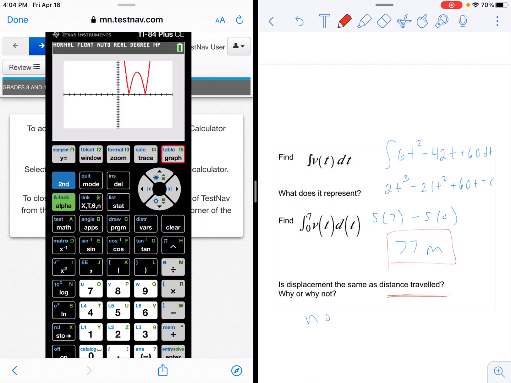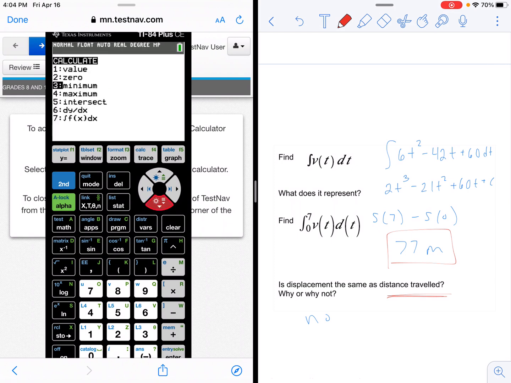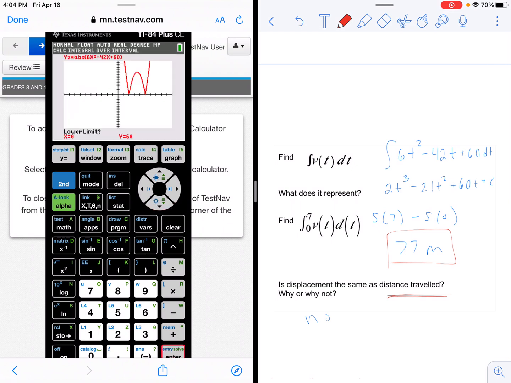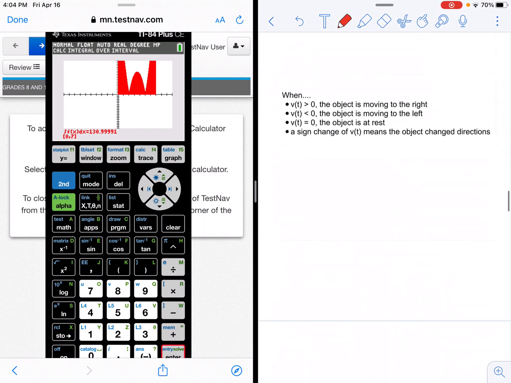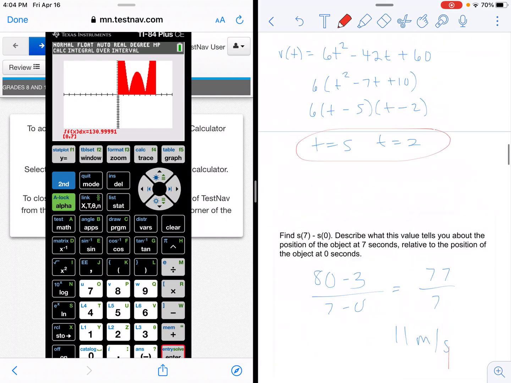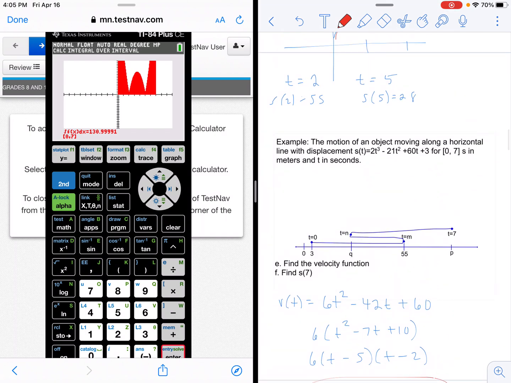And now if we find the integral, what's the upper limit? 7. Now you can see that we get a total of 131 meters, which is much more if we're counting the total distance traveled, because we want to count this distance plus this distance plus this distance.